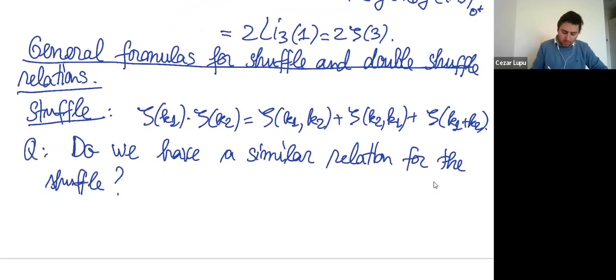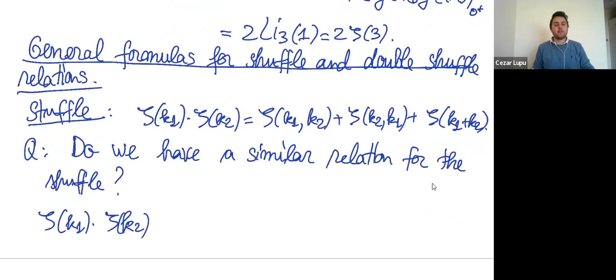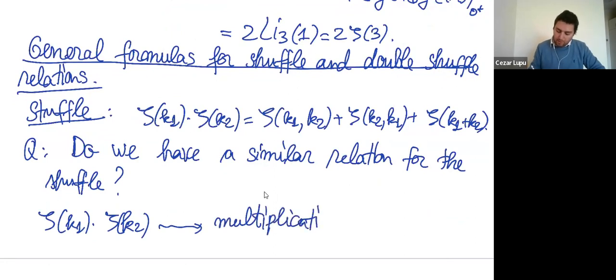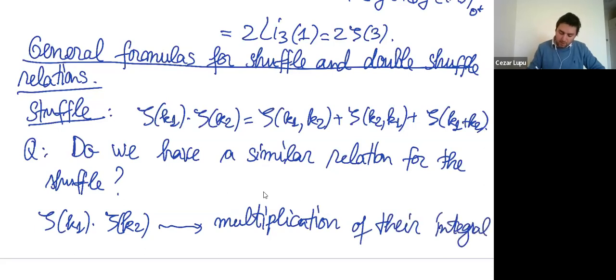So in other words, can we multiply zeta of k1 times zeta of k2, but we would like to multiply their integral representation, the multiplication of their integral representation.